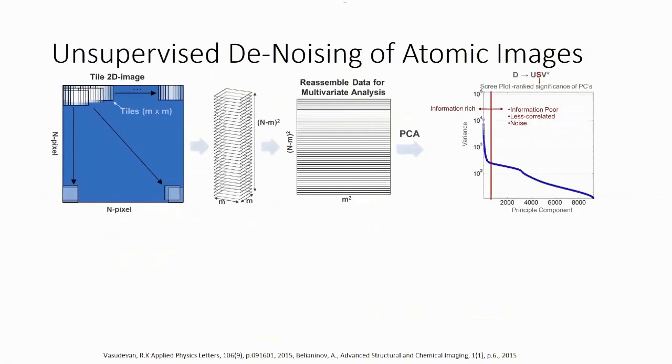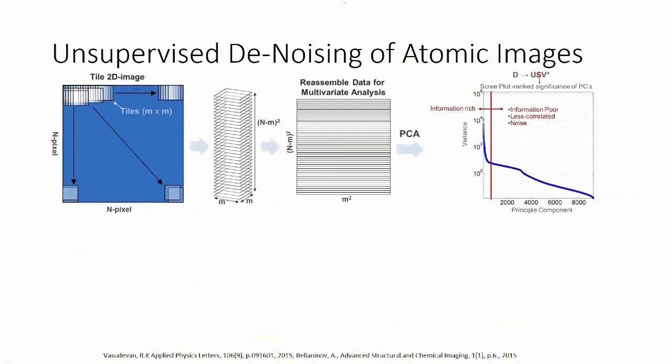An example of unsupervised denoising comes from Oak Ridge National Labs, Alex Belianov, and what he has done is said, okay, in my STEM and my STM images, I have regular atomic arrays. I can use the periodicity of that and cut my 2D image into a series of pixels of size M by M, splice my data out, and then reconvert it into this vector form, and use something pretty simple, principal components analysis.